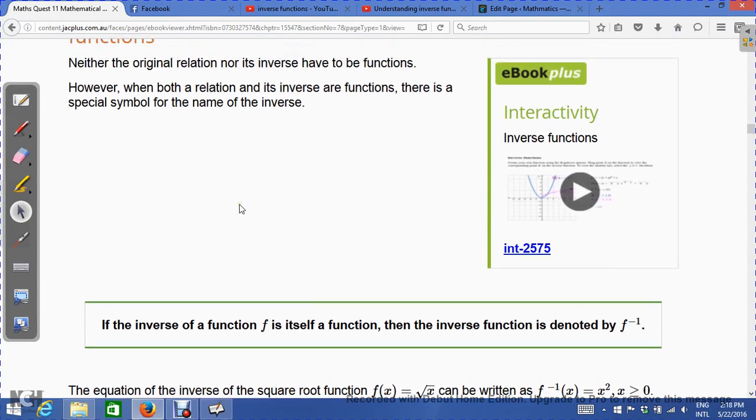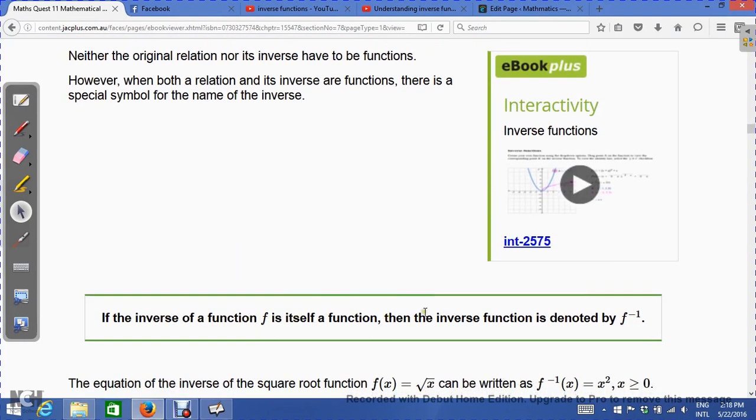Now, I had a quick little example of this before, which I didn't really point out. So if the function is labelled as f, then the inverse function is denoted by f minus 1. As I said, similar to sine, cos and tan, how we write that minus 1, it's our inverse operation, or inverse function, which is f minus 1.